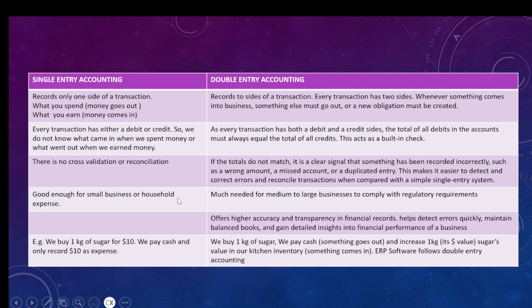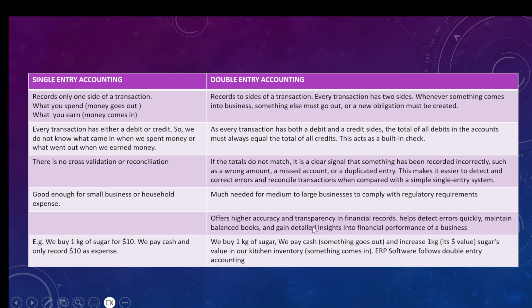So how does it help? Single entry is good enough for small businesses or household expenses. But double entry is needed for large or medium businesses that need to comply with regulatory requirements. What are the other benefits?